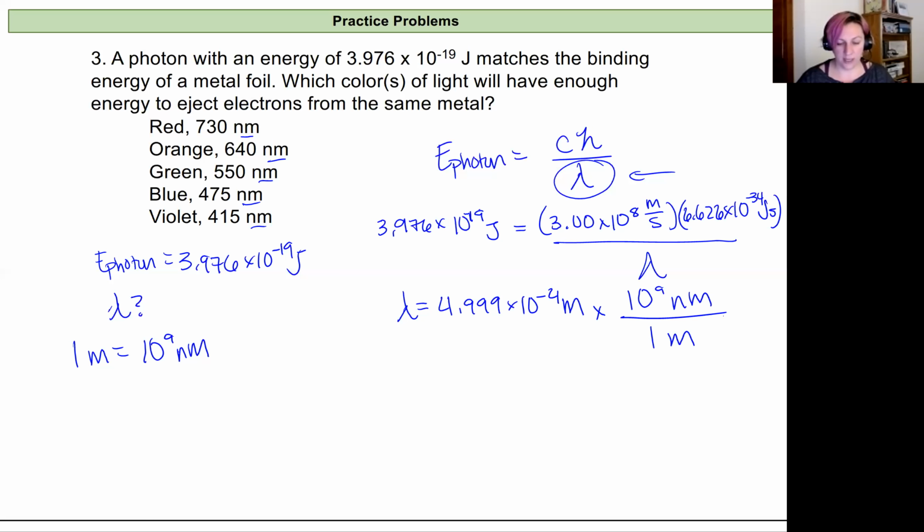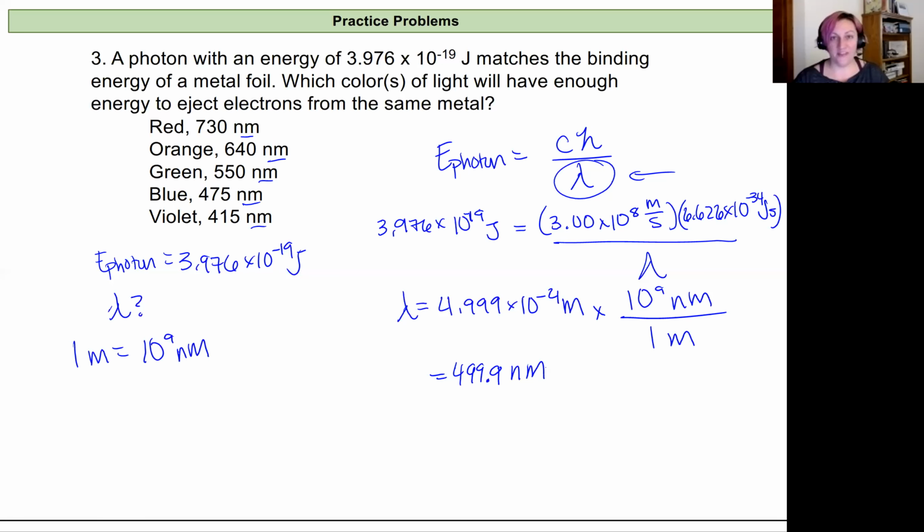And that will give me a value equal to 500 nanometers if I round to 3 sig figs. Oh, we're going to be at 4, so it'll be 499.9 nanometers, or basically 500.